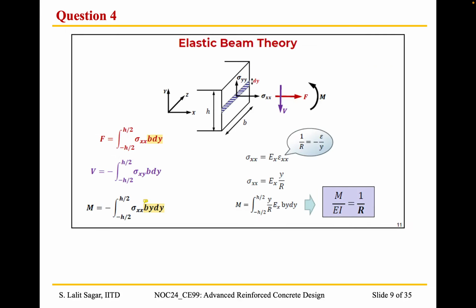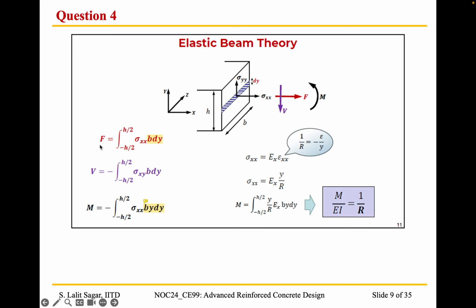Yes, so in order to develop these stress resultants, the various stress resultants are axial force, shear force and bending moment. This is based on the stress that is acting on this particular plane.